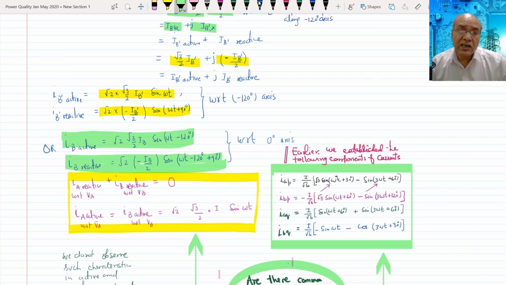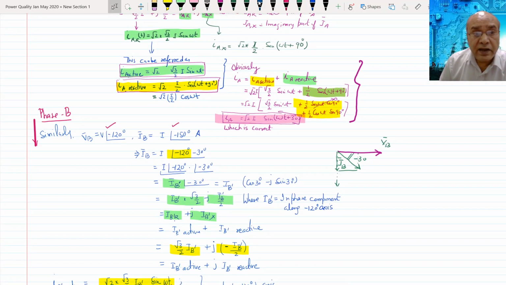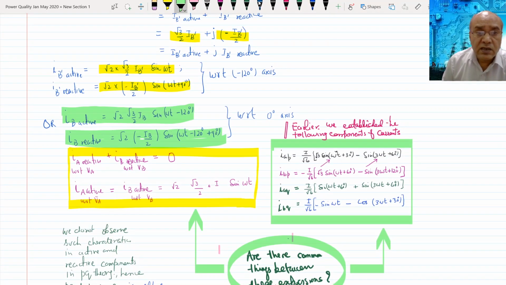You see it here, negative sign. IB is by magnitude the same as IA, because this is an RMS value, and this is a negative sign. So if we add this IB dash reactive with IA reactive here, you see the sign is the same as I actually. So basically this becomes minus I. This IB is the same as minus I. So I can just circle this. This is the same as I.